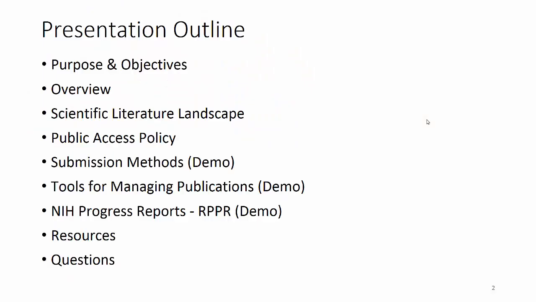So I'll go ahead and get started and show you the presentation outline, do some purpose and objectives, publication overviews, statistics at UCSD. Karen will then talk about the scientific literature landscape, the NIH public access policy, and then we have a couple demonstrations on submission methods, which is A, B, C, and D. We have tools for managing the publications, which is your My NCBI and My Bibliography.